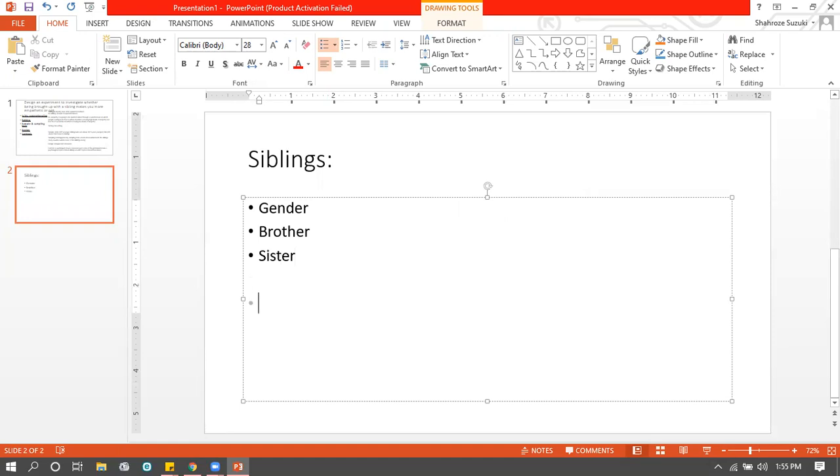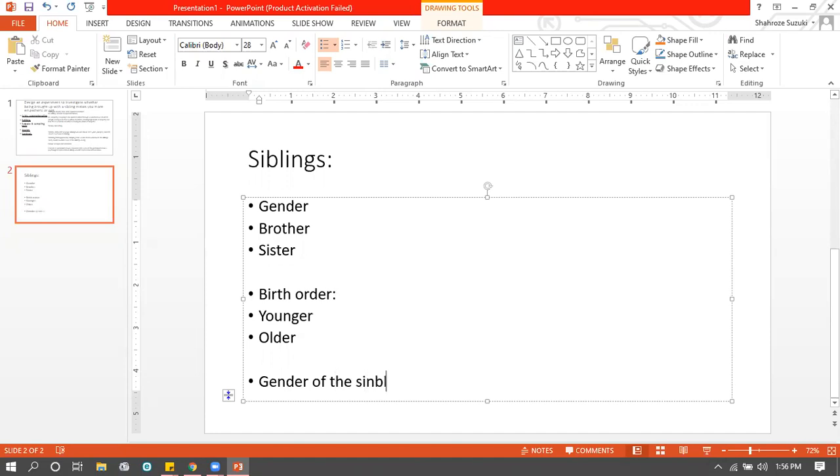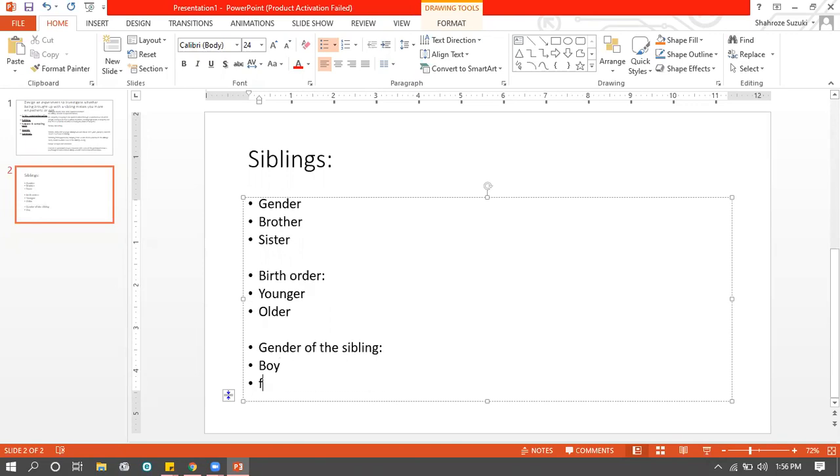The second outcome is going to be the birth order. Are they younger or older? Third is going to be the gender of the sibling themselves. Are they a boy or a girl?